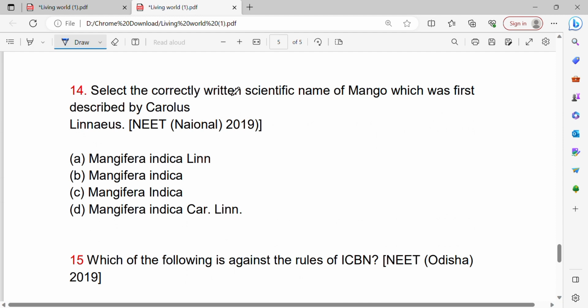Select the correctly written scientific name of mango, which was first described by Carolus Linnaeus. Options are Mangifera indica Linn, Mangifera indica, option D, Mangifera indica Carl Linn. And the correct option is option A, Mangifera indica Linn.